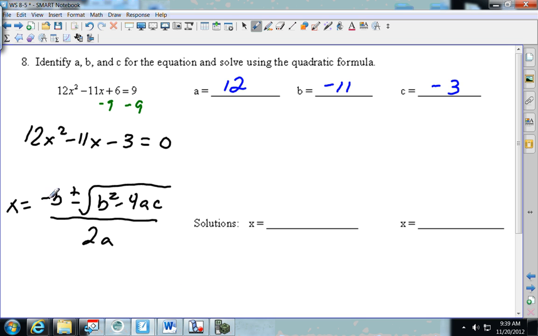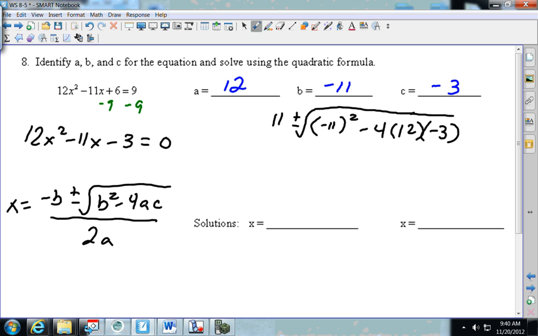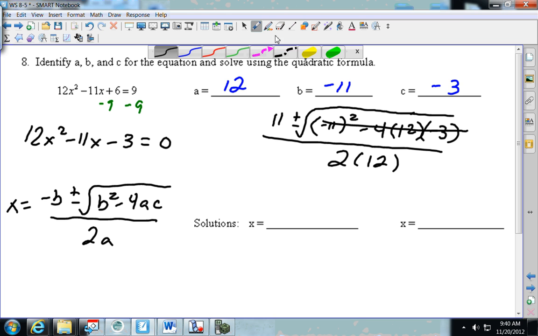Well, the opposite of b, the opposite of -11 is +11 plus or minus the square root b squared, -11 squared, minus 4 times a is 12, times c is -3, all over 2 times a, 2 times 12. Well, I told you that you want to go and do what's underneath the square root sign first.